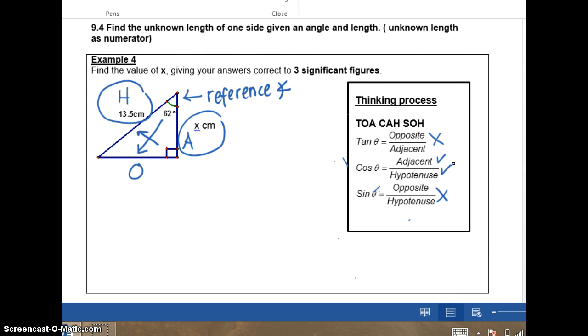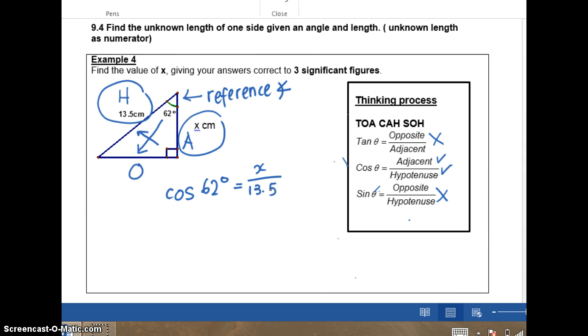Once we have established to use cosine theta, we will now write down the equation. Theta is 62 degrees, and we must have adjacent over hypotenuse, A over H, which is x over 13.5. Now we will solve for x, and how do we solve for x?